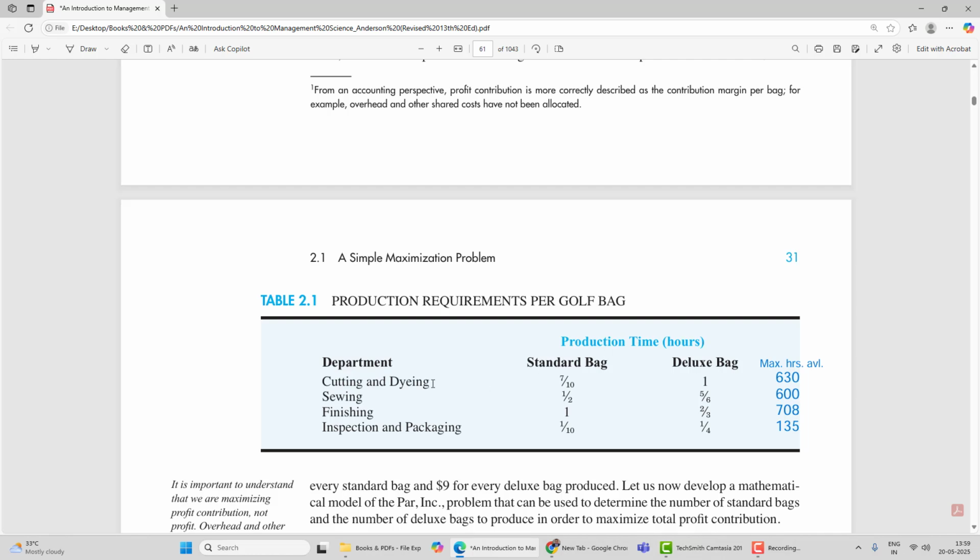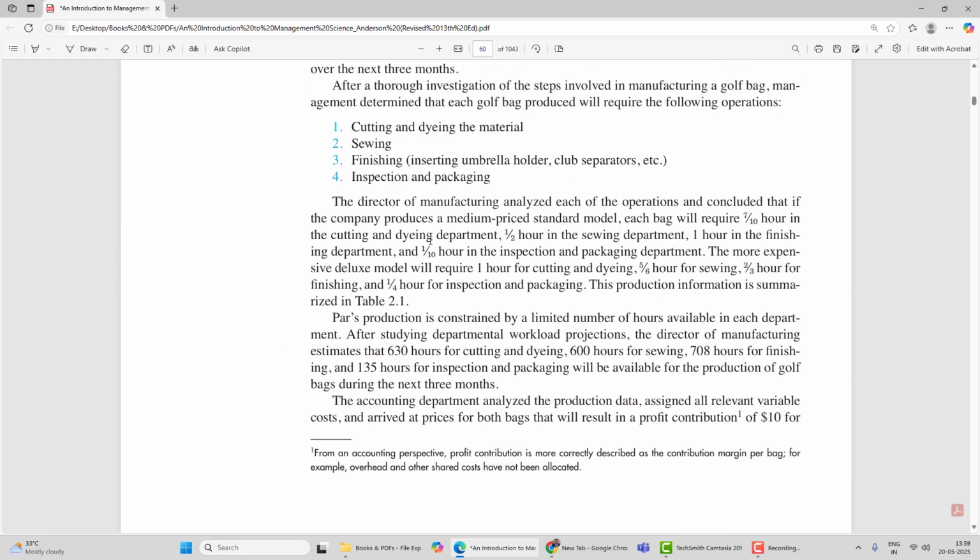They have given information about how many hours each standard and deluxe bag requires in each department, and also how many total hours are available with that department over the next 3 months.